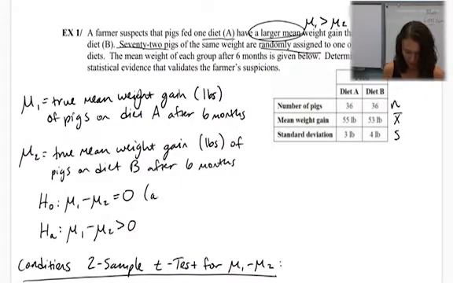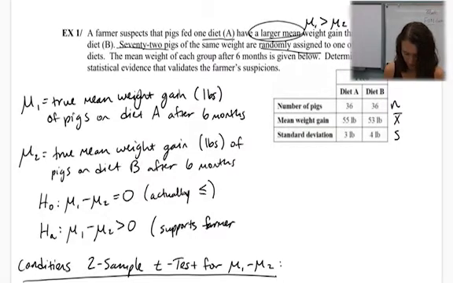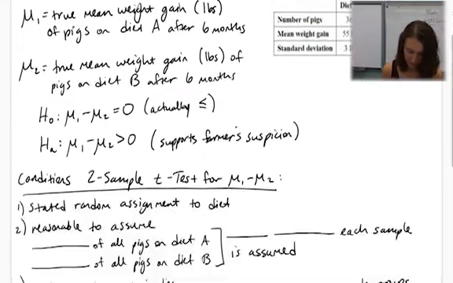So this one is actually less than or equal to in our null hypothesis, even though we show it as equals. Technically, it covers less than or equal to. It has to be the exact opposite of the alternate. And in our alternate, this one supports the farmer's suspicion. All right, and then the other one doesn't.